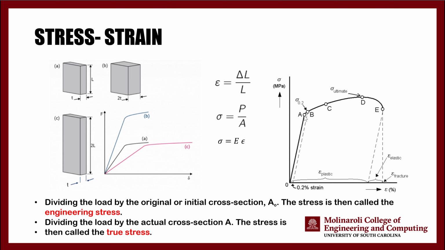But in the plastic region, there will be some going back, but it doesn't go back all the way to its original shape, original form. Which means that in the plastic region there will be a permanent deformation, whereas in the elastic region there won't be any permanent deformation. Okay, so this is a graph that you should give us in your lab report.